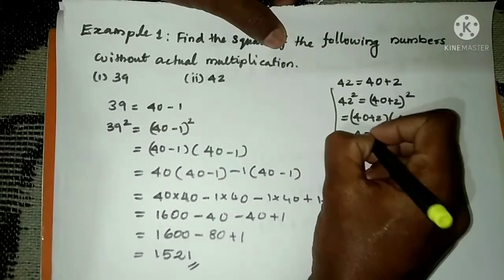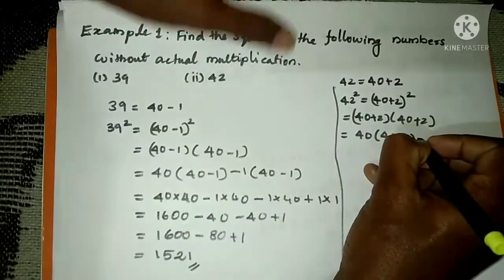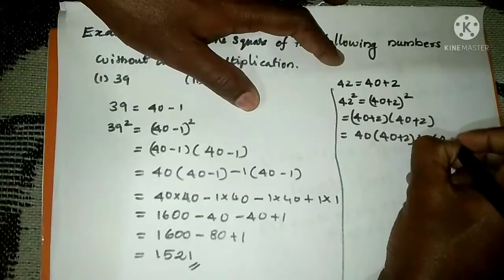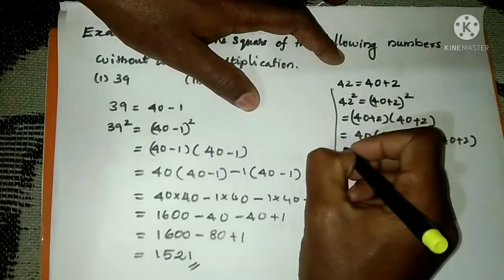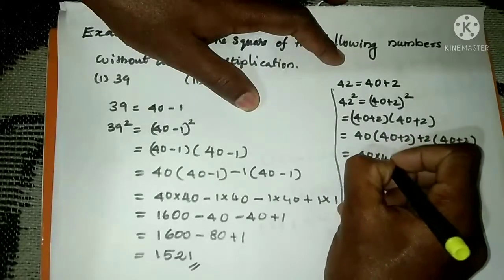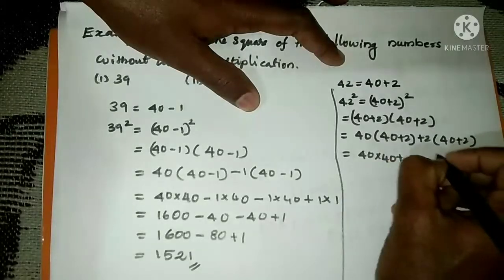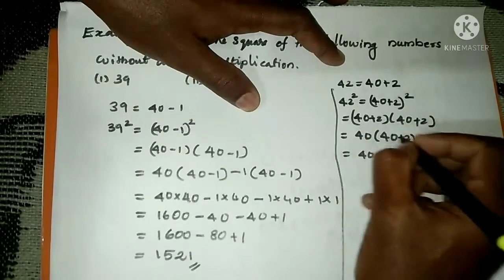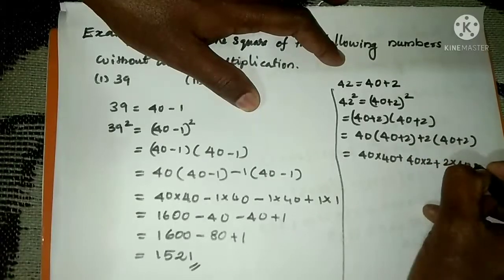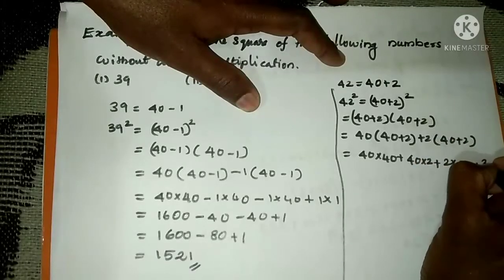Now we can write this as 40 times 40 plus 2, plus 2 times 40 plus 2. Further, when we multiply 40 times 40, plus 40 times 2, plus 2 times 40, plus 2 times 2.